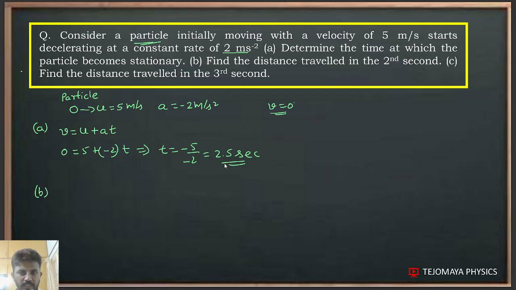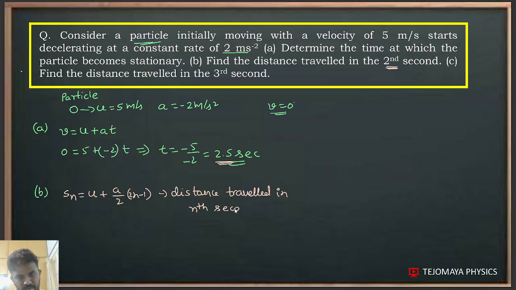Find the distance traveled in 2 seconds. So out of 2.5 seconds, it has traveled some distance. Sorry, not 2.5 seconds, it is the 2nd second. So distance traveled in nth second is Sn is equal to u plus a by 2, into 2n minus 1. This is the formula for distance traveled in the nth second. So Sn is equal to, what is u? 0?